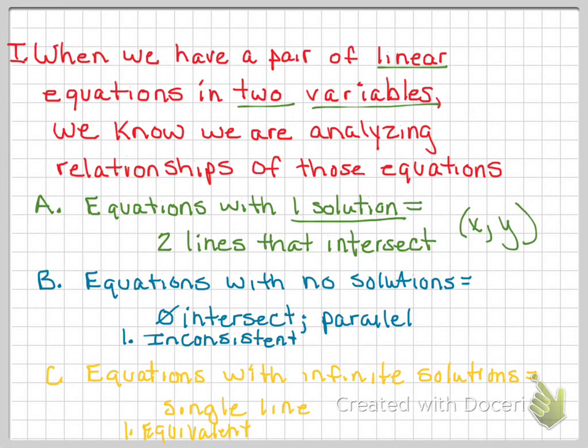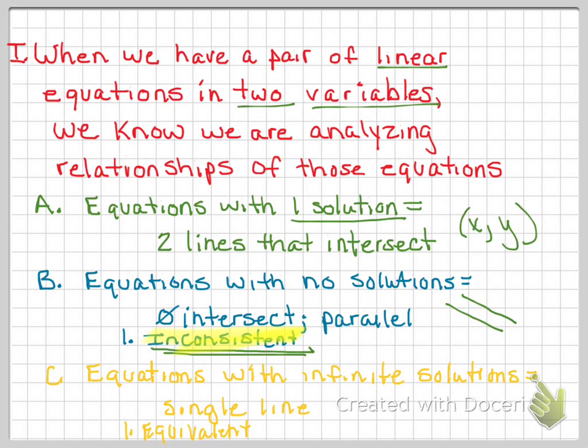The second type of relationship are equations with no solutions. That tells us on a graph that they're parallel lines. They are not going to intersect. They're going to be parallel. And we call those inconsistent. In fact, it's a fancy word, so I'm going to highlight it. Inconsistent.